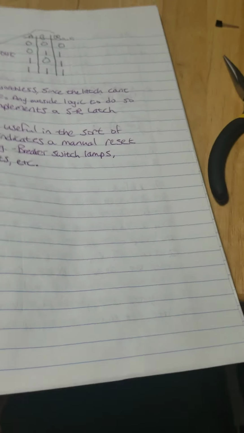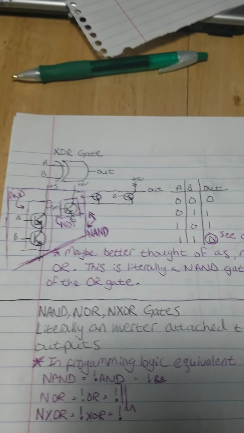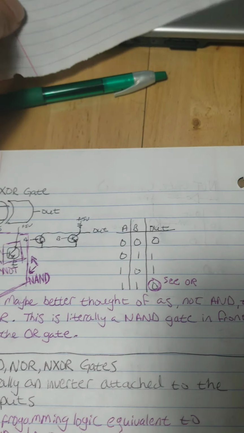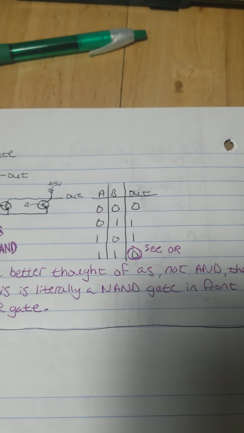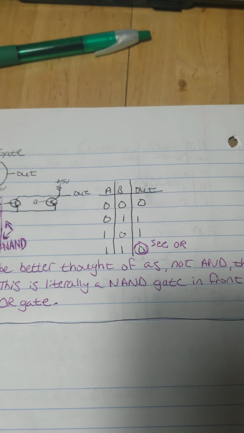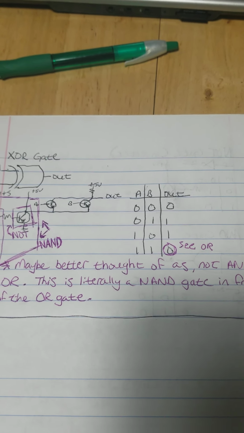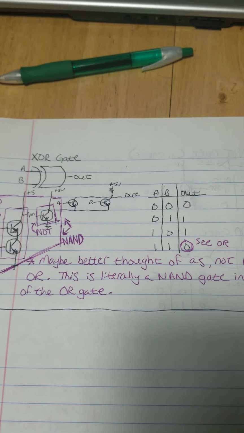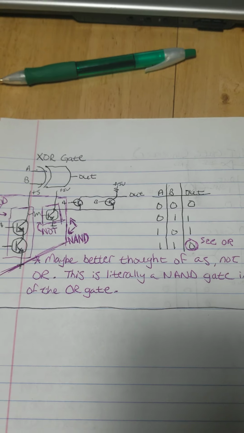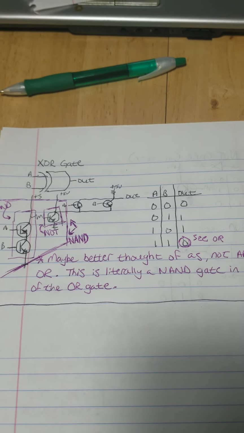And so that brings us to the XOR gate, which is the last one of these. And with the OR gates, if we had both of them on, you would still get a 1. But what if I want to know if one or the other is on, but not both? And that's what an XOR gate is.